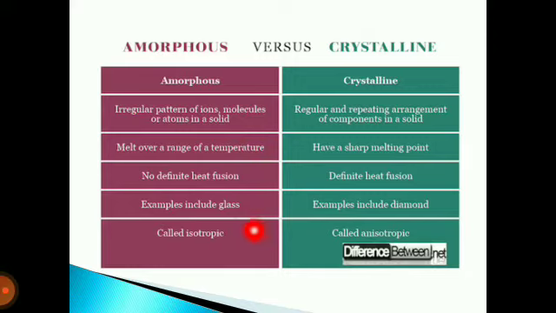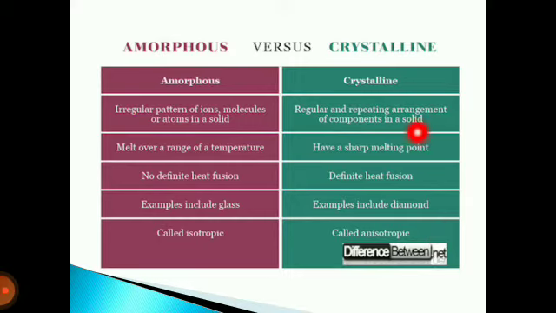Amorphous solids are called isotropic solids because the properties of the material are identical in all directions. Whereas crystalline solids are called anisotropic because the properties of the material depend on the direction.